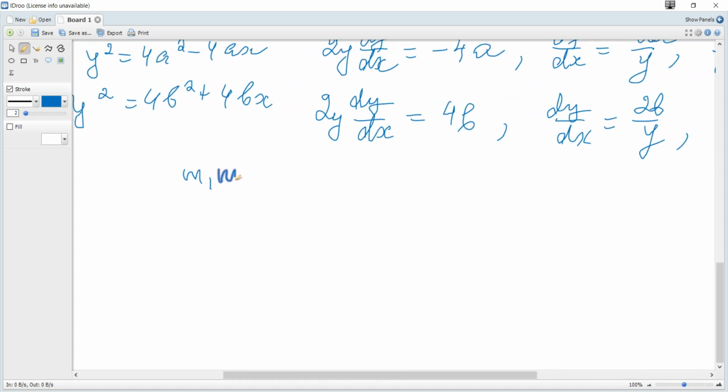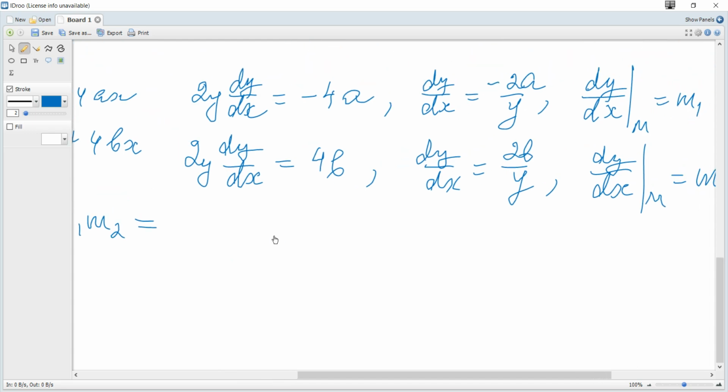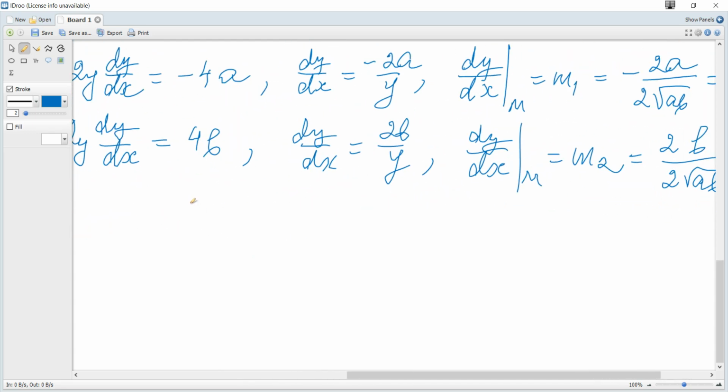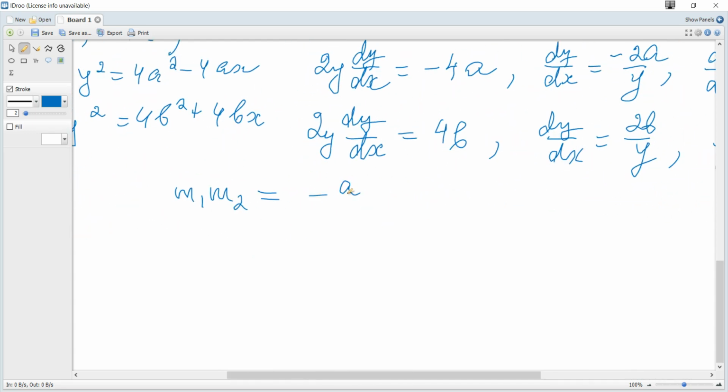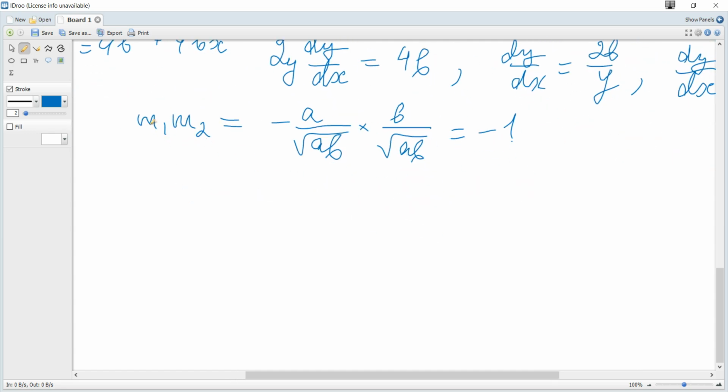a product of gradients, it's what? Negative a over root ab times b over root ab, you can see it's negative 1, and it implies what? One gradient is the negative reciprocal of another gradient, and hence it implies that what?